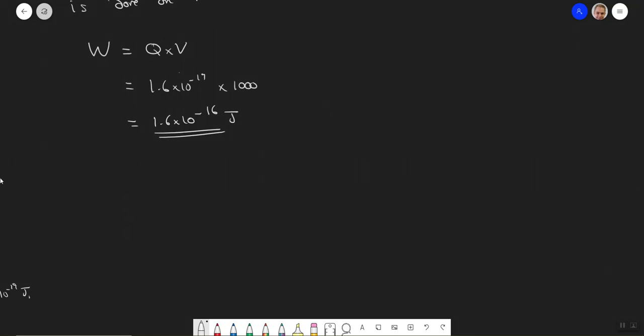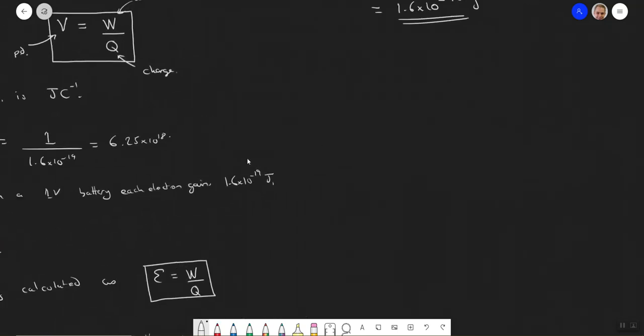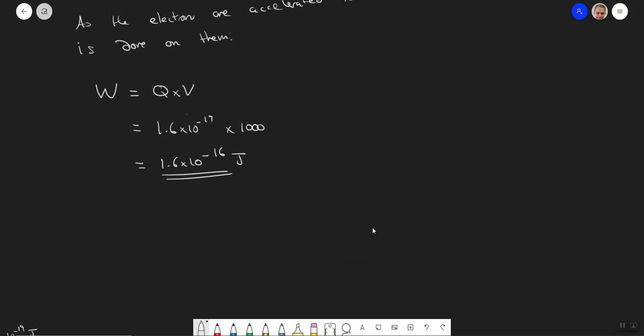And we said originally, over here, that it's a lot of energy for an electron. Well, they're in a wire, but if you're not in a wire, what can you do with that energy? Well, that work is converted to kinetic energy.